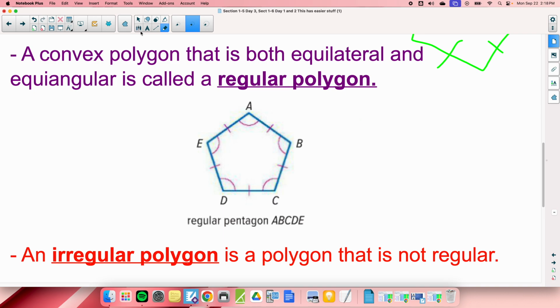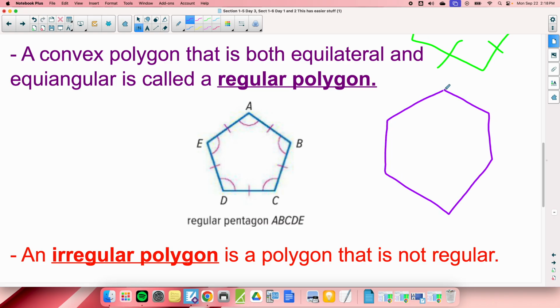So they'll try to confuse you today and give you something like this. Do you think that one's regular? No. Isn't it because that has 2 and that's not marked, correct? So when it's not regular, we say it's irregular.